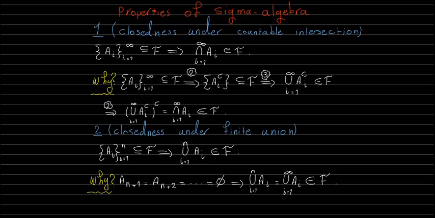Then the finite union is just like the countable union, and we know from the third property of sigma algebra that the countable union is in the sigma algebra. So we can say the finite union of elements of the sigma algebra is also in the sigma algebra, or it's closed under finite union.